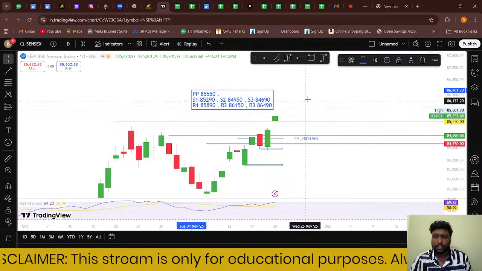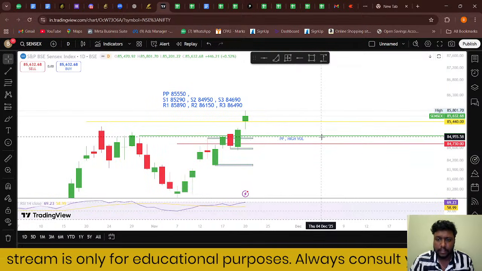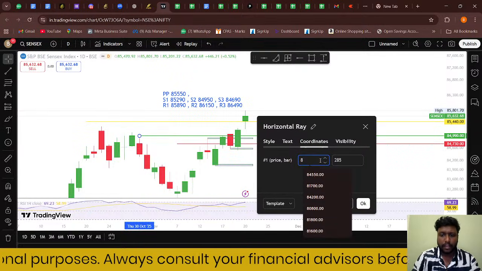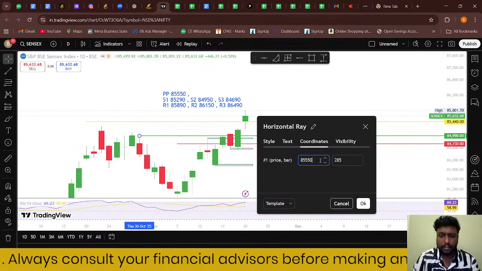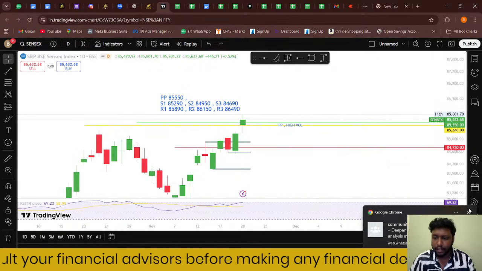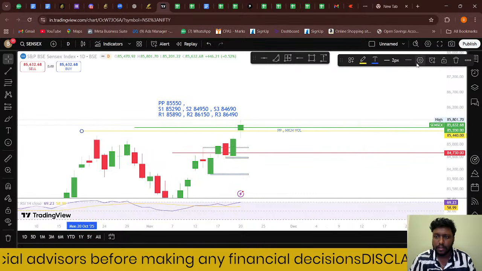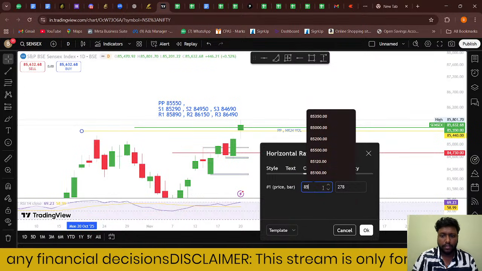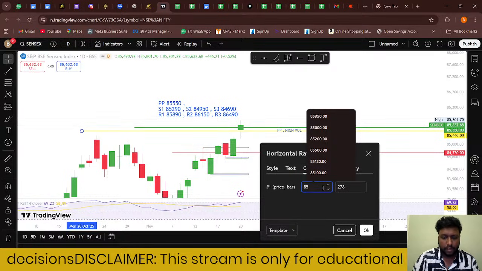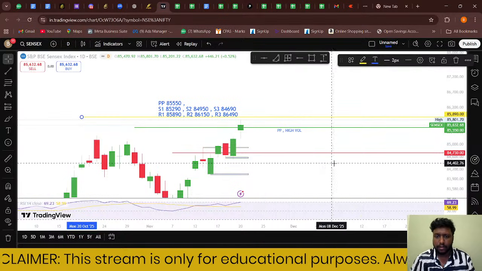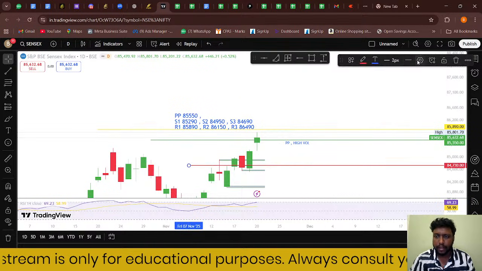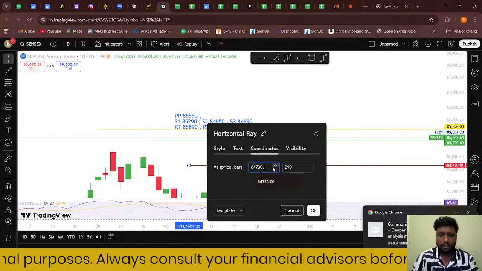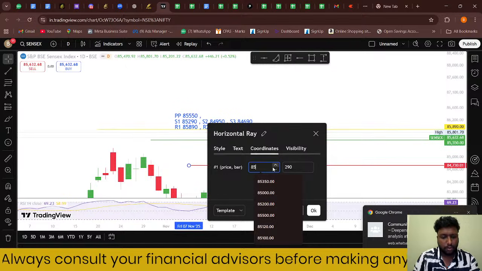So these are the three levels for our Sensex, and we will quickly mark the pivot point. 85,550 is our pivot line, and you can see that the market is already trading above that. 85,890 will be our R1, and our first support will be at 85,290.